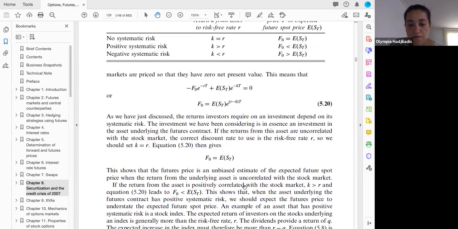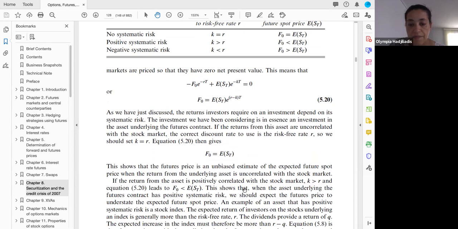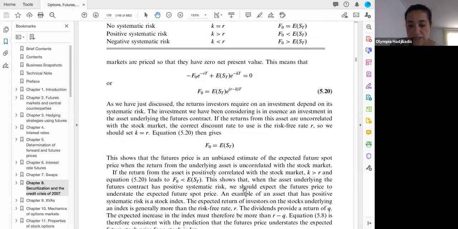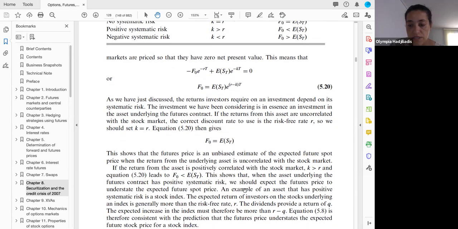If the return from the asset is positively correlated with the stock market, then K is greater than R, and equation 5.20 leads to F0 being less than the expected ST. This shows that when the asset underlying the futures contract has positive systematic risk, we should expect the futures price to understate the expected future spot price.